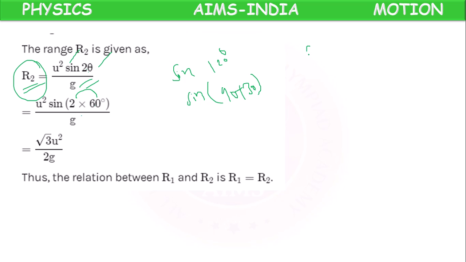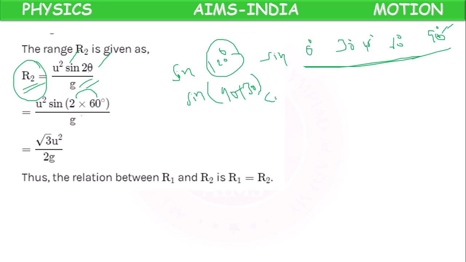We know the values of all trigonometric ratios, sin theta, cos theta, tan theta, from 0 to 90 degrees only. But here 120 means more than 90 degrees, so 120 degrees is written as 90 plus 30.